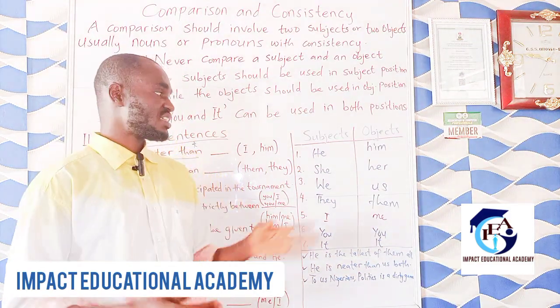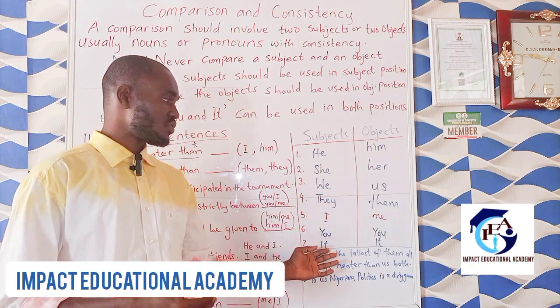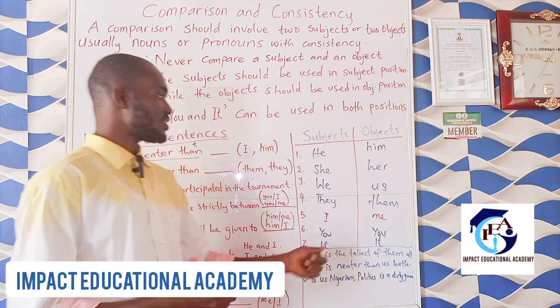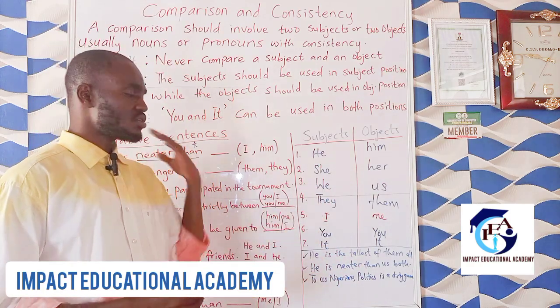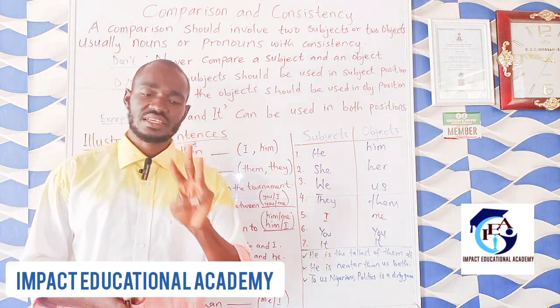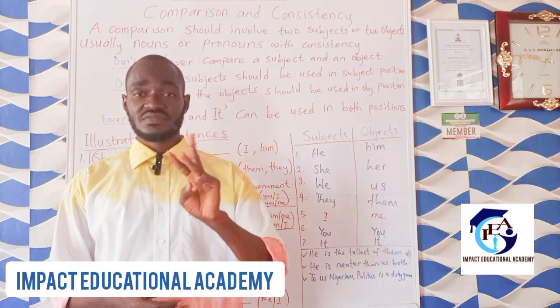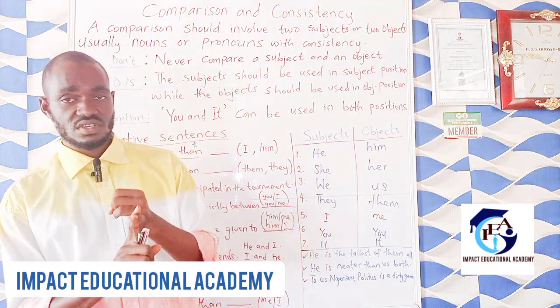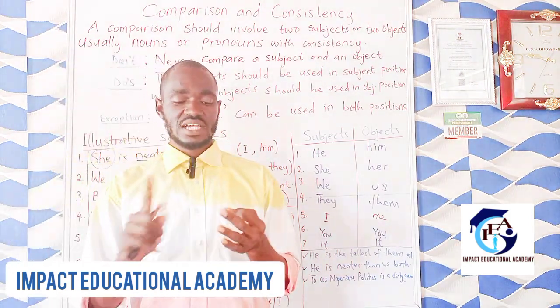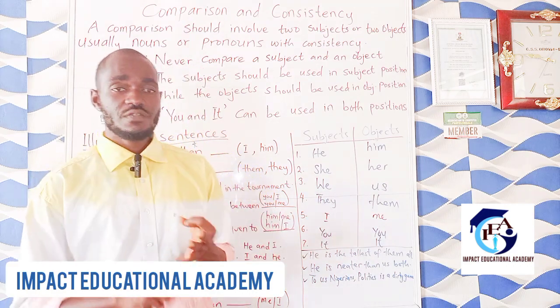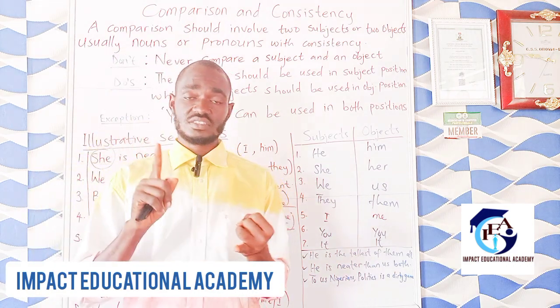And these are the pronouns in the position of subject. Take note of that rule. Now, in this topic, there are three things I pointed out so that we're going to get it very clear. The first is do's, and the second is don't. The last is exemption.